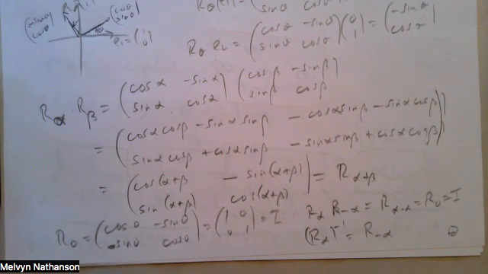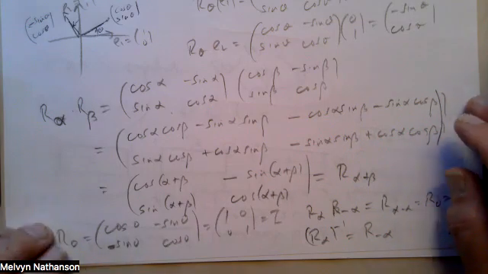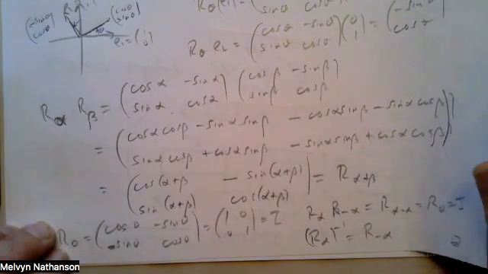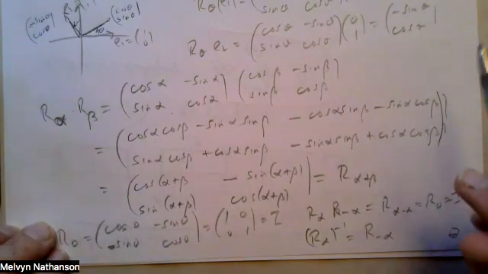So this proves that the set of rotations is closed under matrix multiplication. It contains the identity matrix, and it contains the inverse of each matrix. So it's a group. So that's exactly what we needed to prove. This is part A.